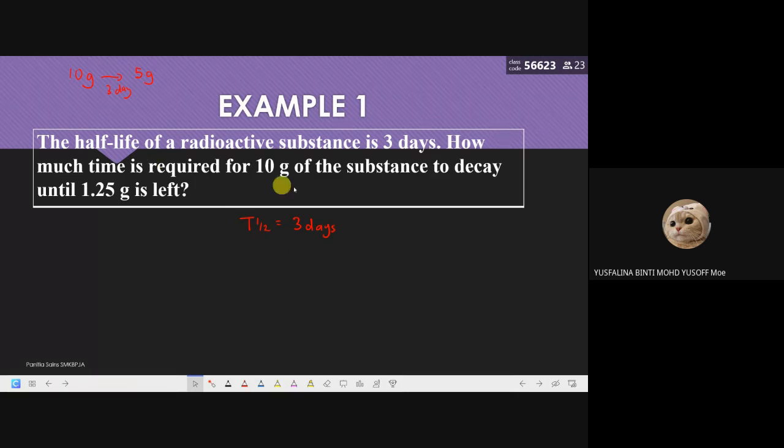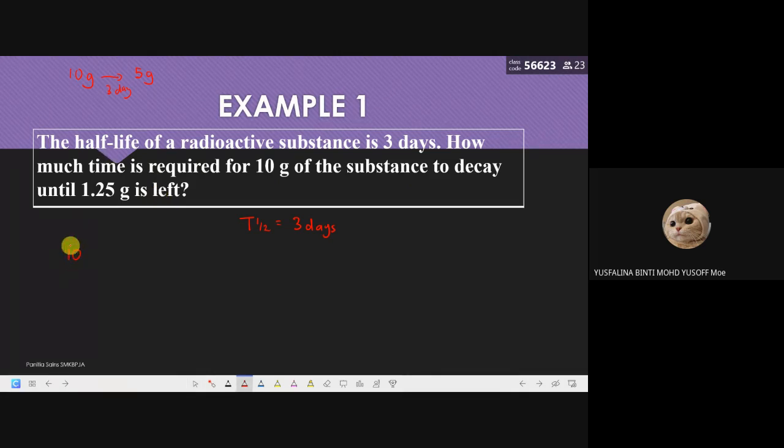It says here how much time is required for 10 gram of the substance to decay until 1.25 gram is left. This means you have to find out how many half-lives it takes for the 10 gram of the substance to decay until it becomes 1.25 only. So the first one starts from 10 gram.